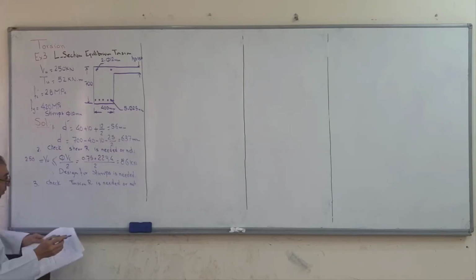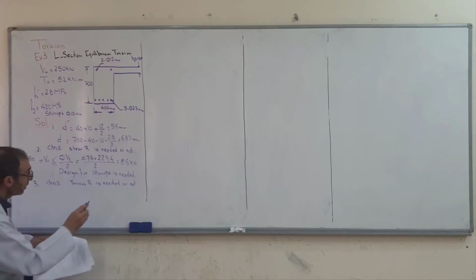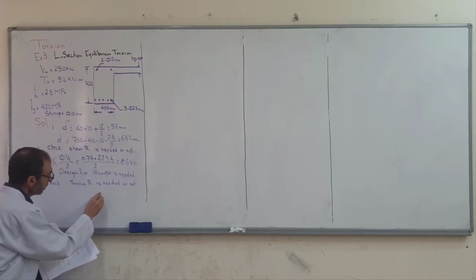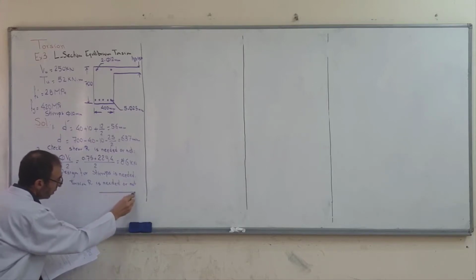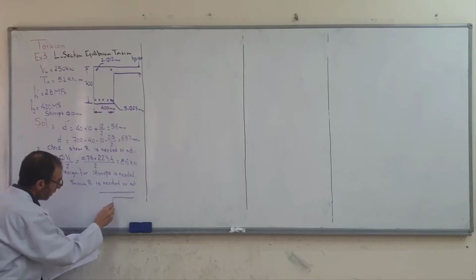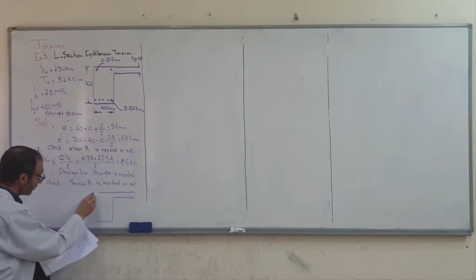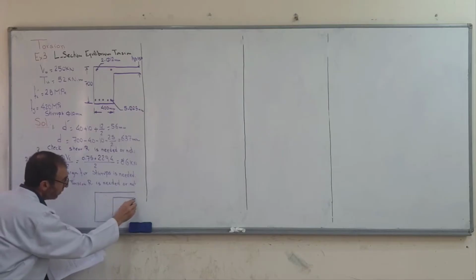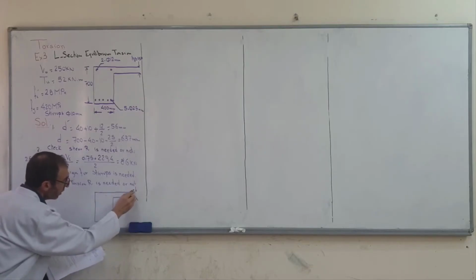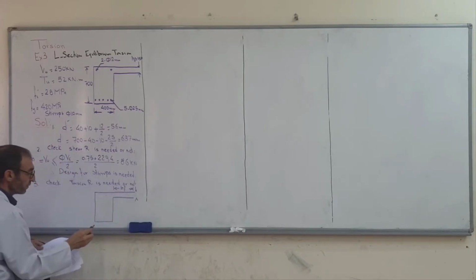Before I do this check, it's required to know the dimension of the slab, or a fraction of the slab, that participates in resisting torsion, the flange width.